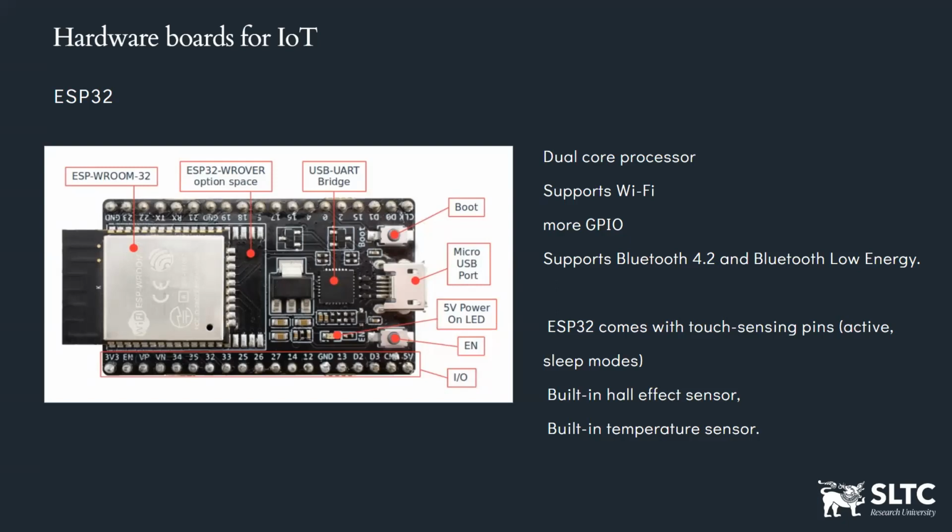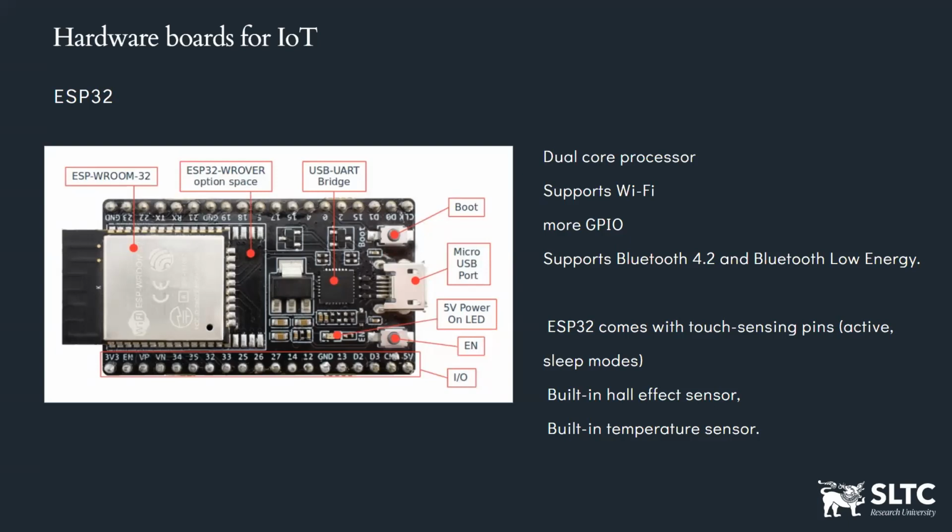Apart from that, ESP32 also has touch sensing pins, and it has built-in Hall effect sensors and temperature sensors. The Hall effect sensor is used for measuring any changes in the magnetic field in the environment, and the temperature sensor, of course, can measure the temperature.